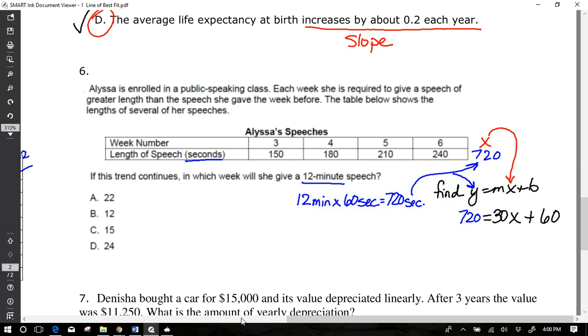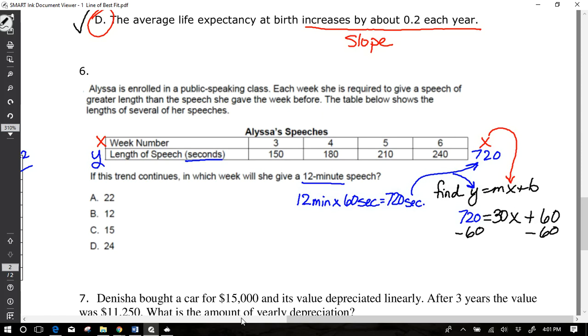So I found my line of best fit, y equals 30x plus 60. And you can see right here in blue, I plugged in the 720 seconds for the length of the speech. I did that because X is the week number and Y is the length of the speech. So that's where it had to go in. Now I'm ready to solve this equation.